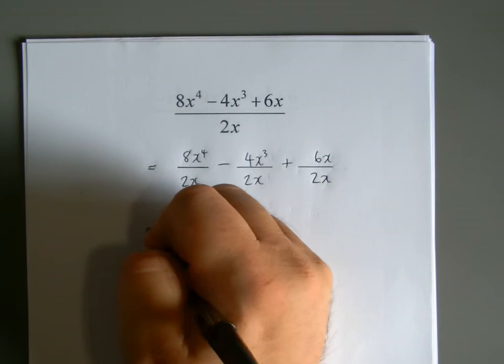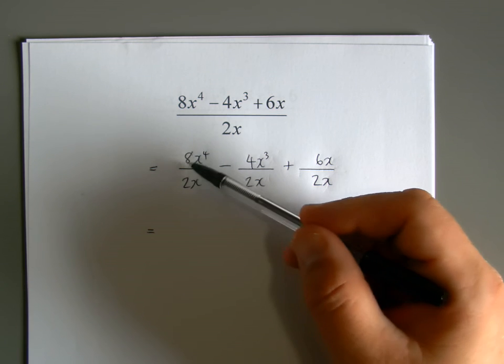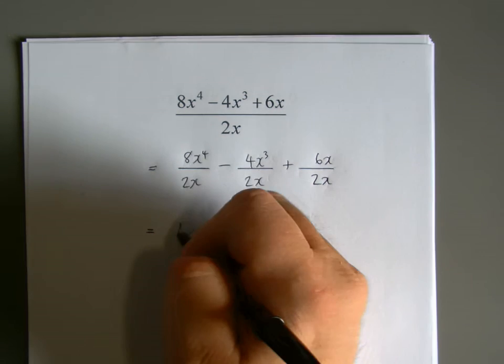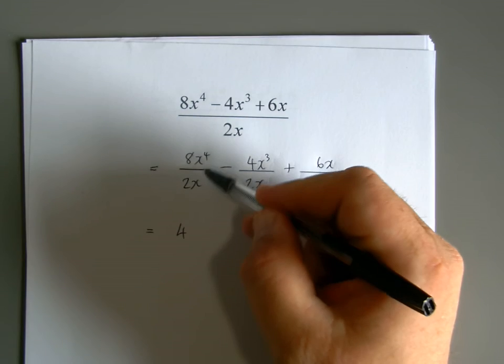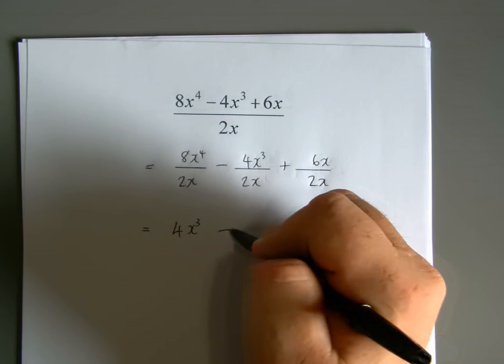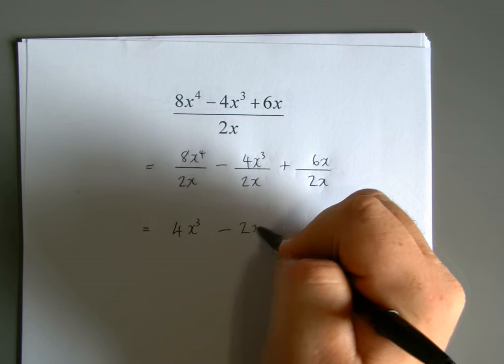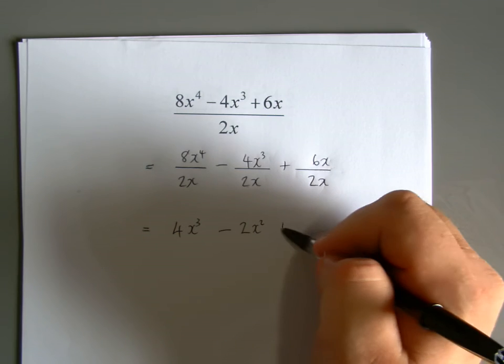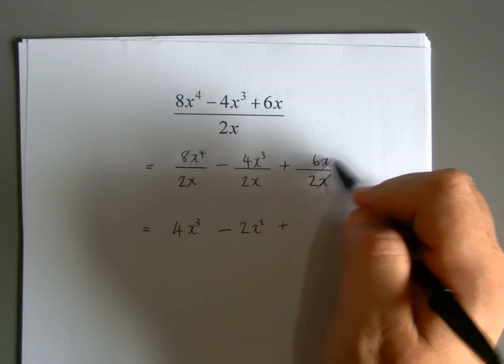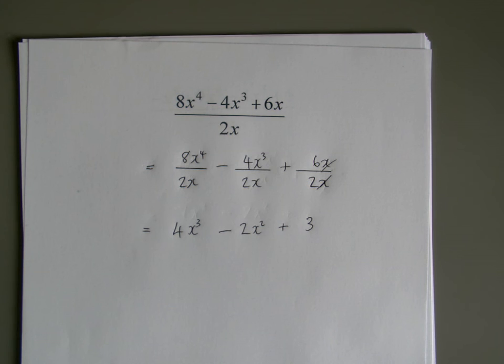So in this case we're not only concentrating on the x's, but we've got numbers here as well. So 8 divided by 2, of course, is 4. And then when you take away the powers there, you end up with x cubed, minus 4 divided by 2 is 2, and then x cubed divided by x is x squared. And at the end, again, the x is cancelled, and I just got 3 there. 6 divided by 2 is 3. So there's my simplified expression.